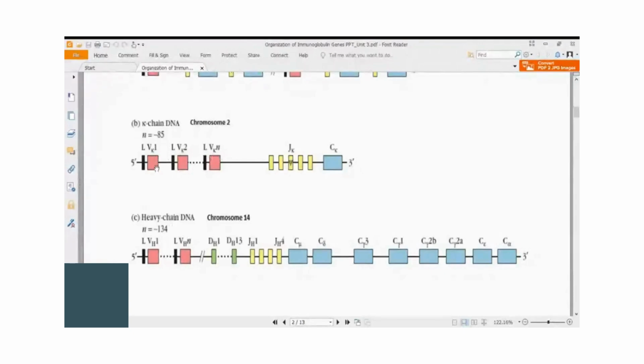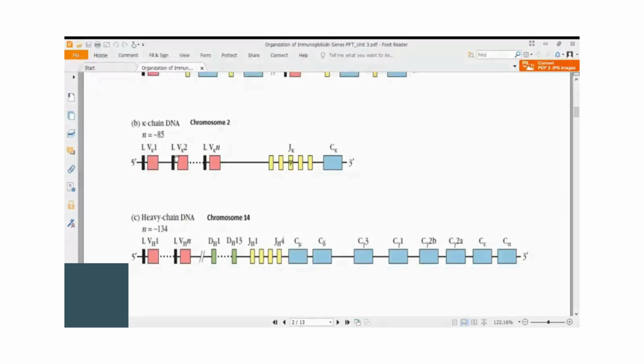Each gene segment, that is an exon that codes, is accompanied by a leader sequence, that is L. The leader sequence is always on the 5' side of the exon.